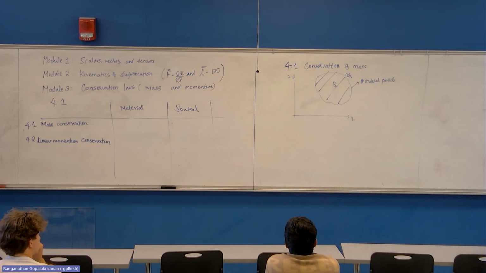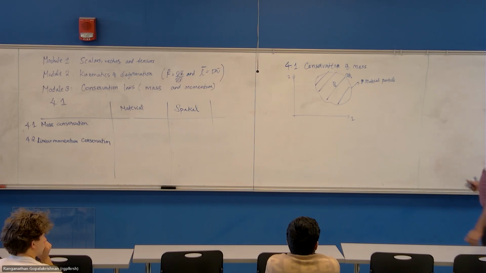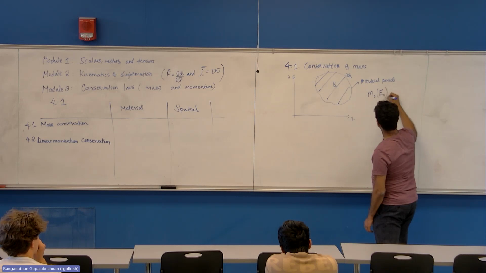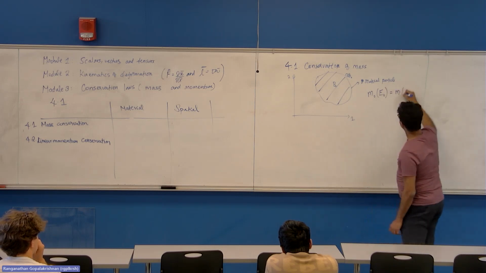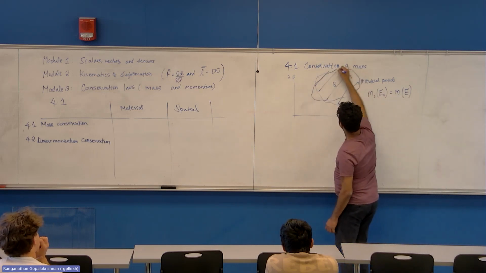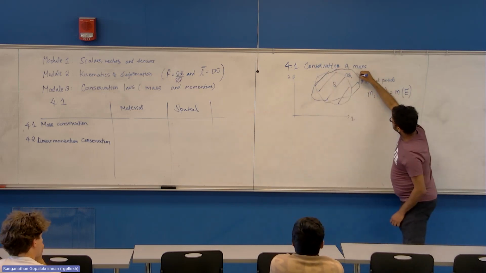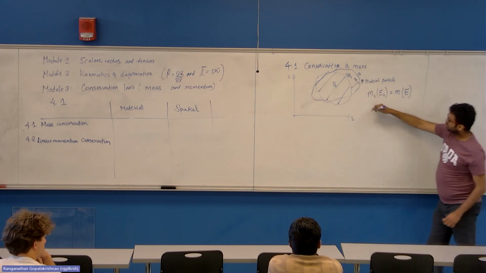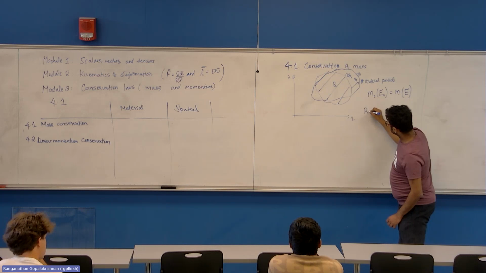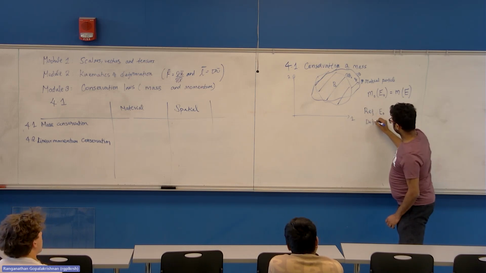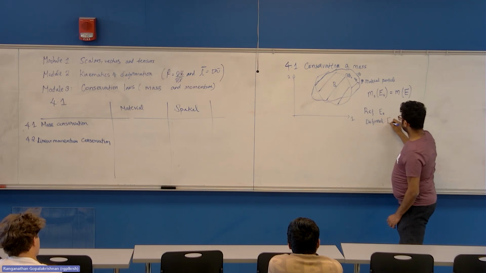Now you can write M naught at configuration B naught is equal to the mass at a later configuration B. That is, even if this object changes shape, which becomes partial B and B, it still has the same mass. So this is the reference configuration, we'll call it B naught, and the deformed or current configuration, we'll call it B.